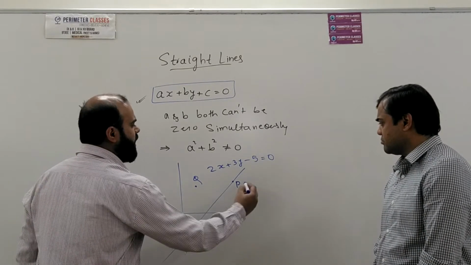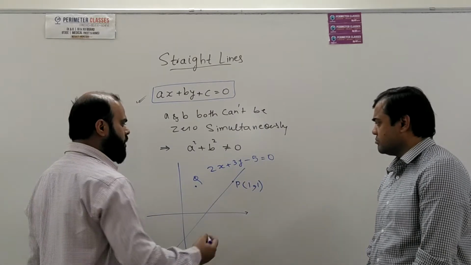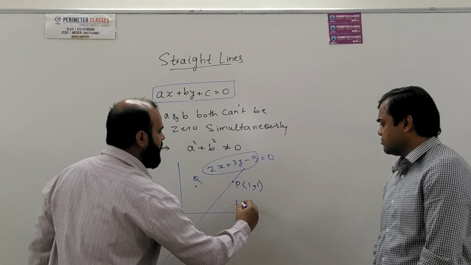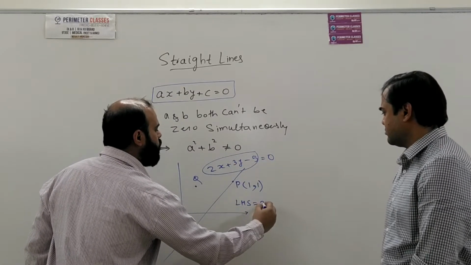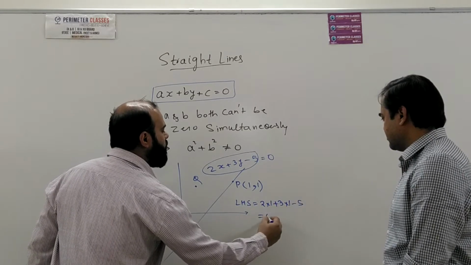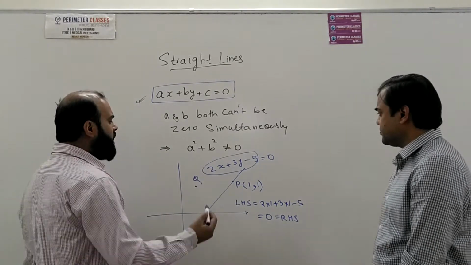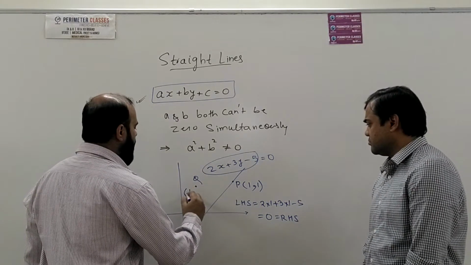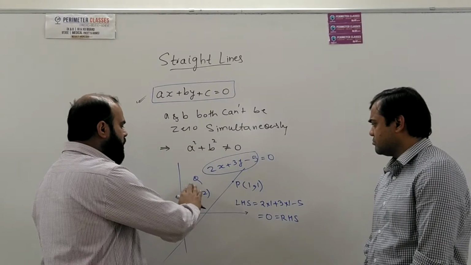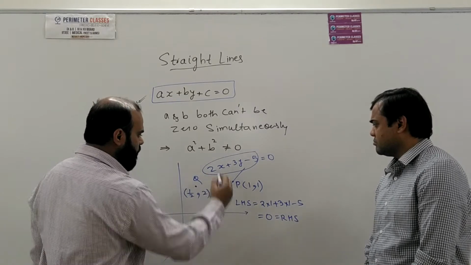For example, if I take a point (1, 1), where x is 1 and y is 1, then when you put this value here, the left hand side will become equal to 2 into 1 plus 3 into 1 minus 5, which is equal to 0, which is equal to the right hand side. But if we take some other point, for example (1/2, 2), let us say, I am not taking the position of a point, I am just taking a random point.